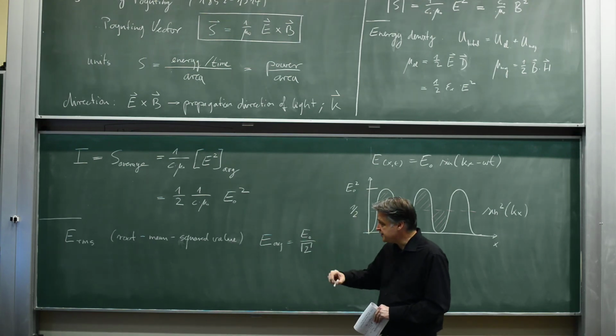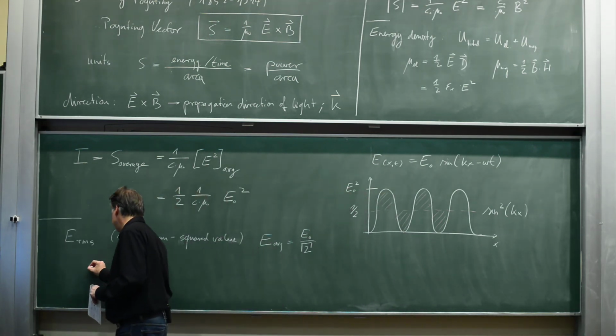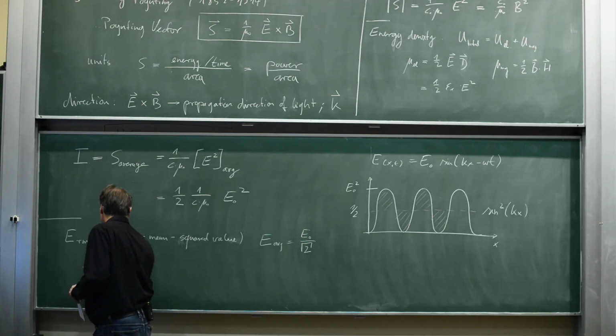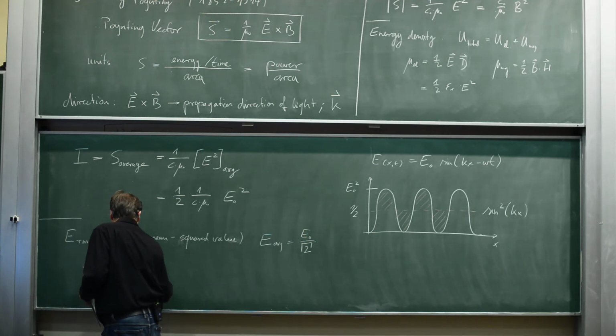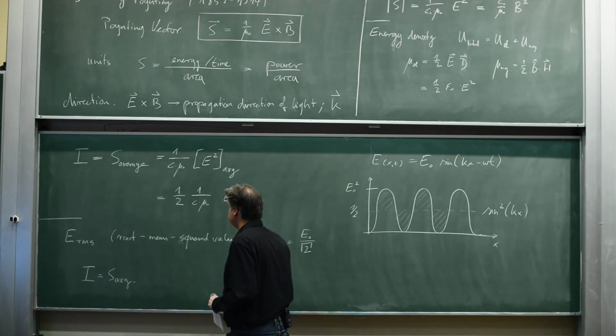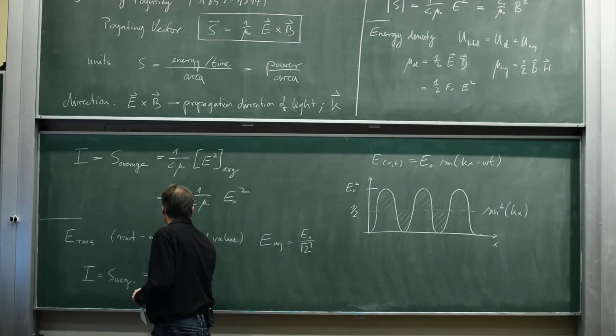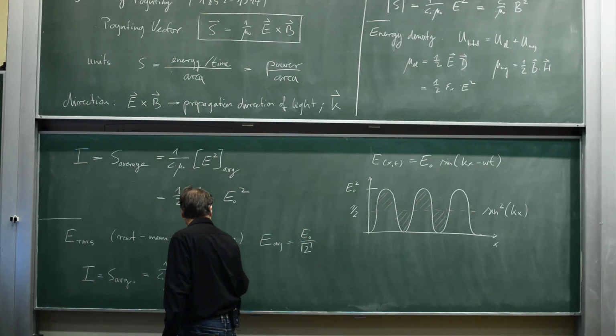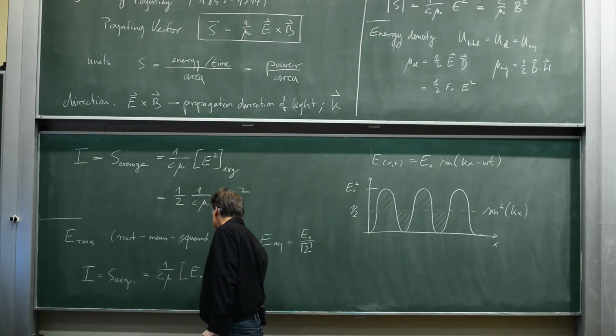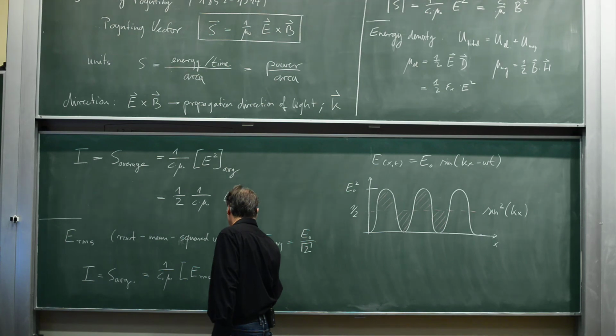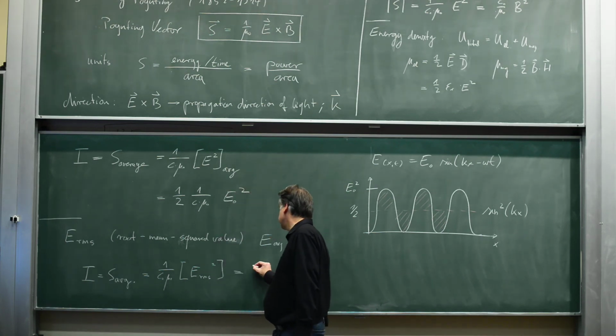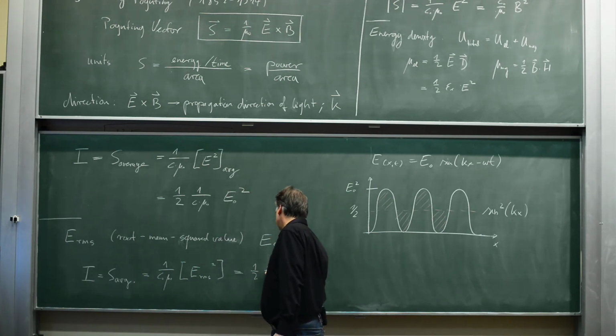And if you use that expression and plug it in, you get the same. The intensity, the averaged Poynting vector, is 1 over c naught mu naught times E root mean square squared. And this is the same expression, 1/2 times 1 over c naught mu naught E naught squared.